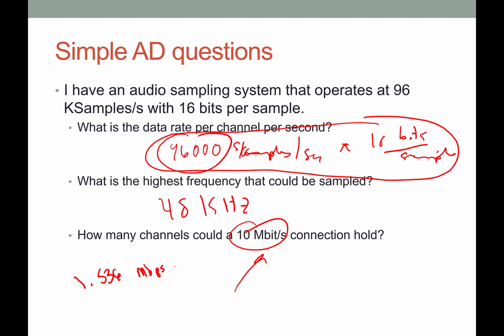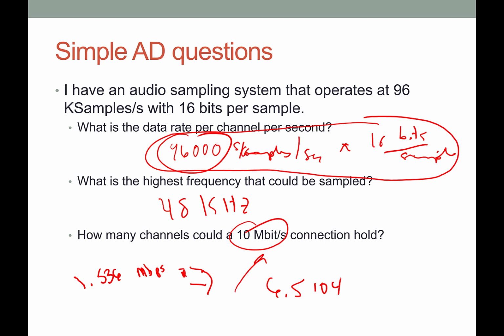So if I have a 10 megabits per second channel, I can say 10 divided by that, and if you could have a non-integer value, I got 6.5104.